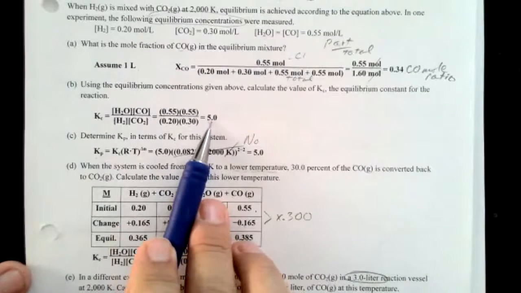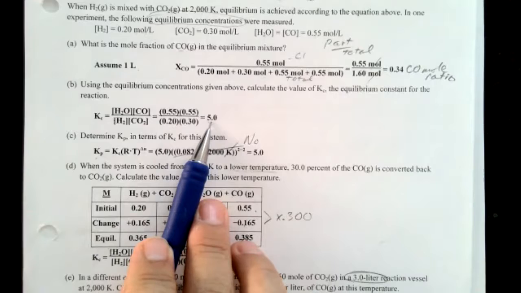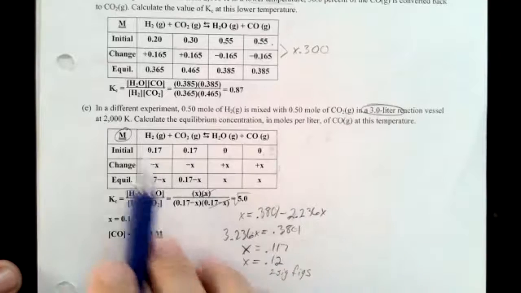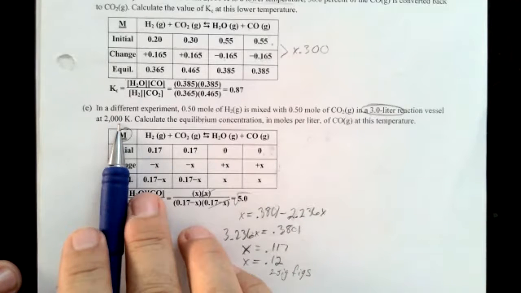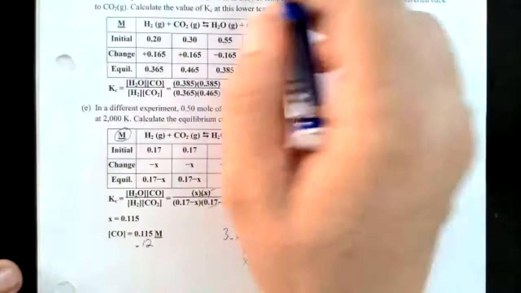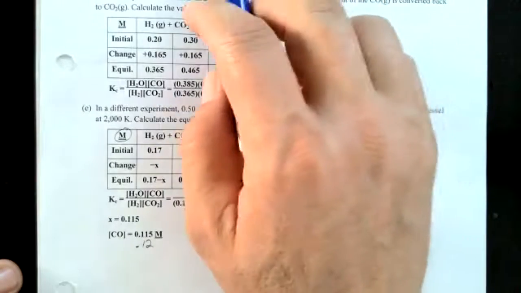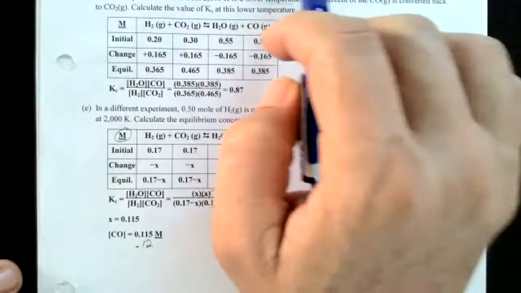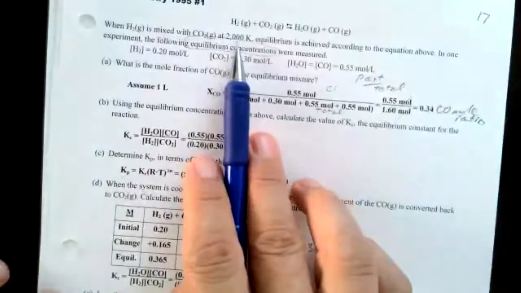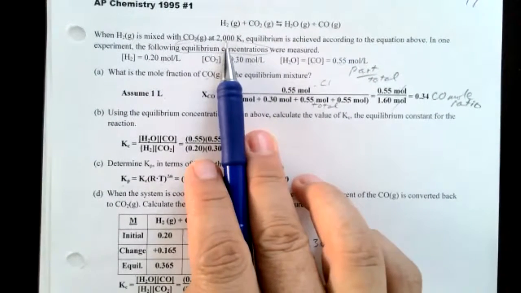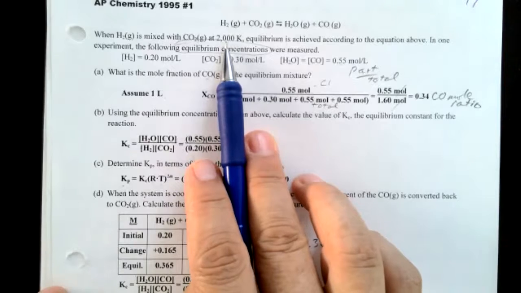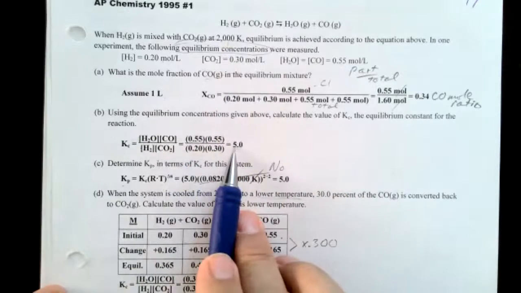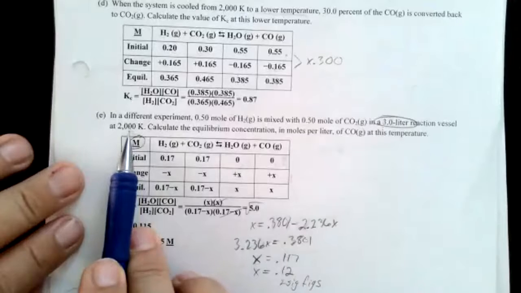We calculated that it's 5 back in part B. So now that we know K, at 2000 K, did they say that it's at 2000 K back up here? Yeah, it's in the prompt before part A. Oh, yes, they say it's at 2000 K. They're pretty good about that. If you read through everything, you can say, oh, yes, this is the same thing. So when I solve for Kc here, I can use it here because it's the same reaction at the same temperature.